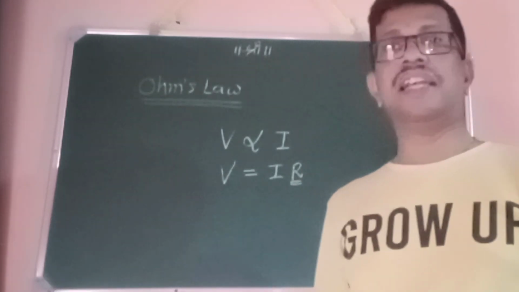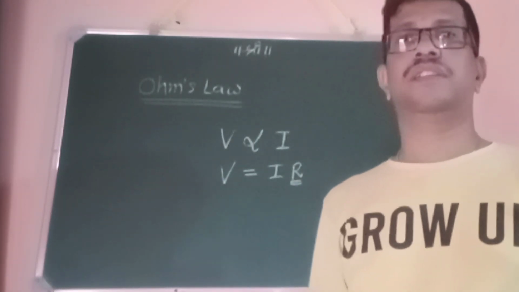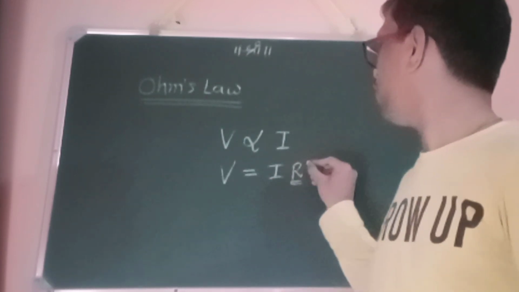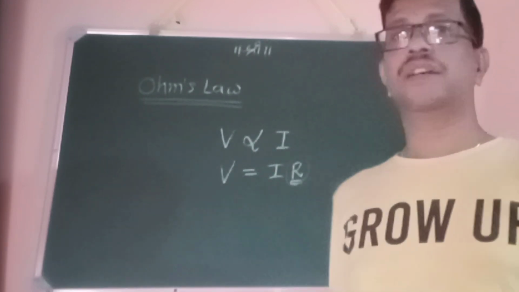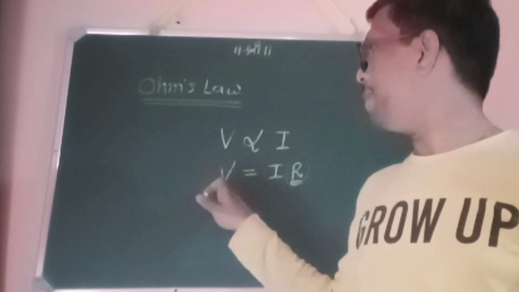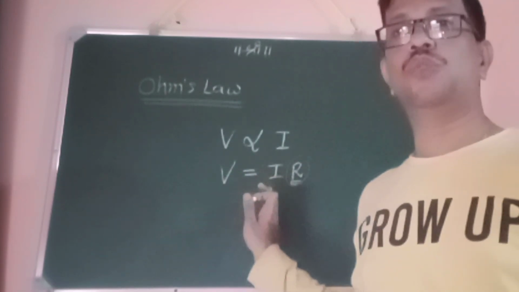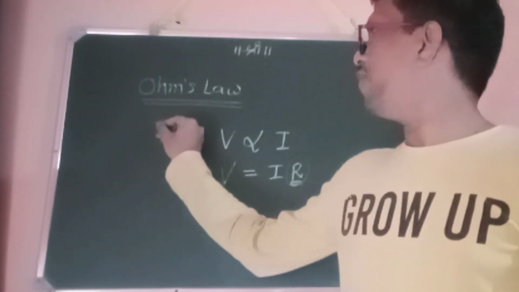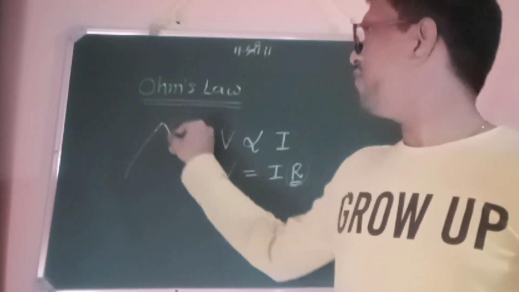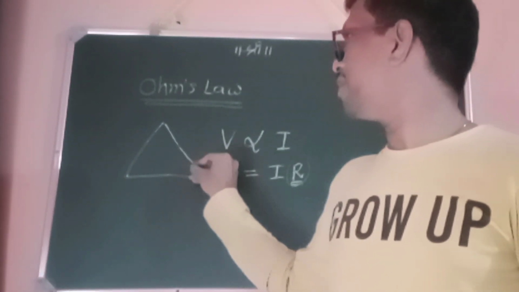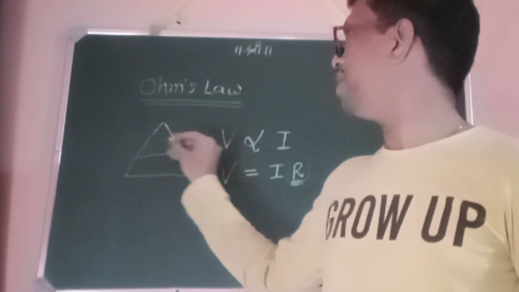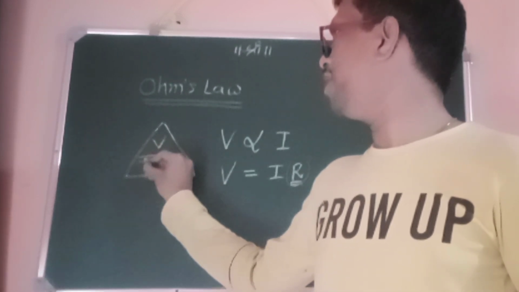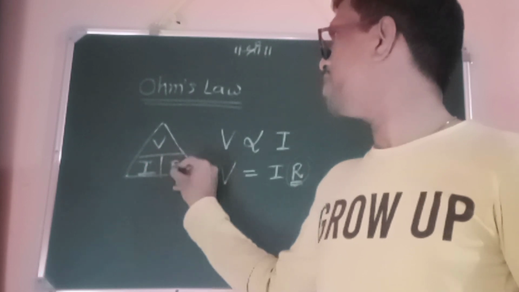We call it the resistance of that conductor. If you take a different material, you will get a different value of resistance for that material. So simply we can say V is equal to IR is Ohm's law. If you want to find any one quantity from this, you can draw this triangle which represents voltage, current and resistance.